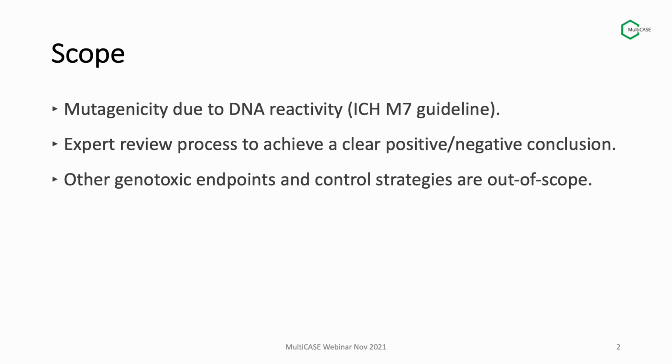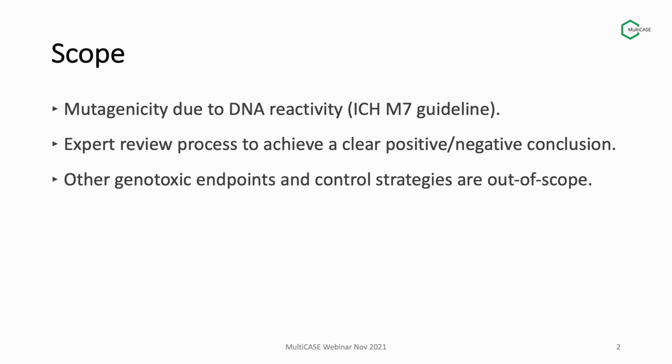So this talk has a limited scope because of the limitation of time, and so I'll be specifically talking about the mutagenic impurity that are mutagenic due to DNA reactivity as indicated in the ICH M7 guideline.